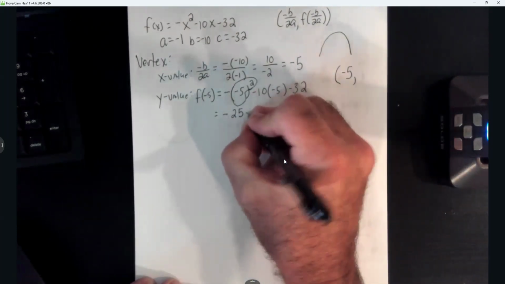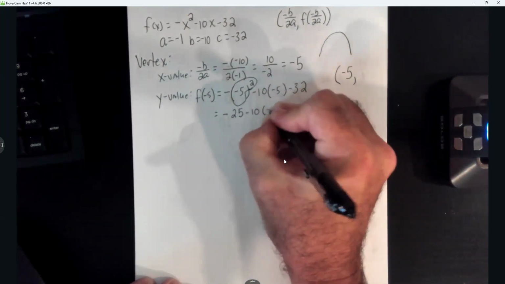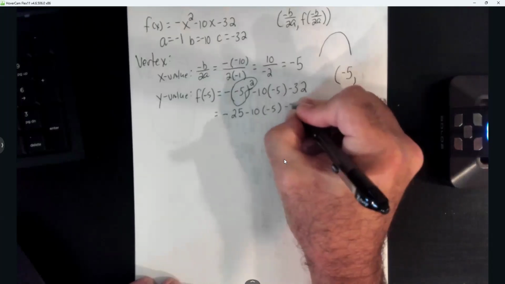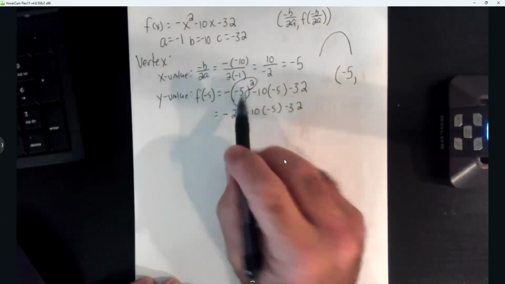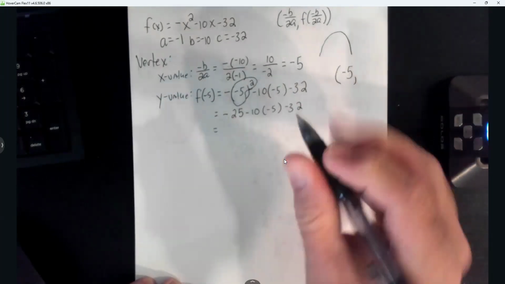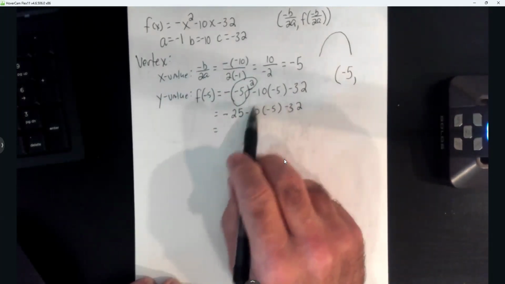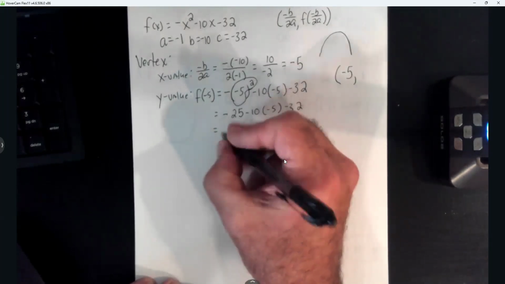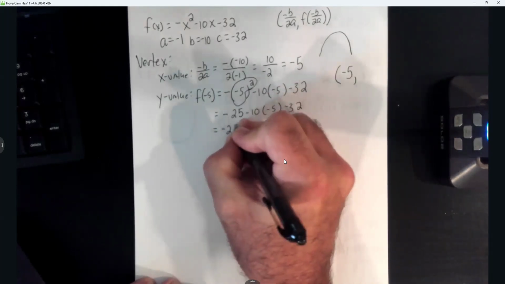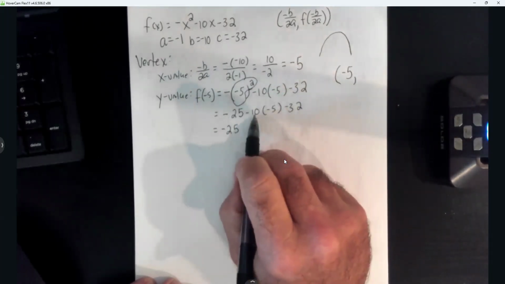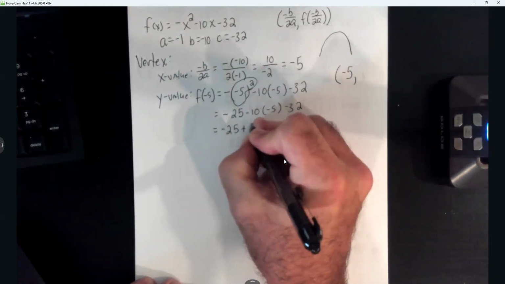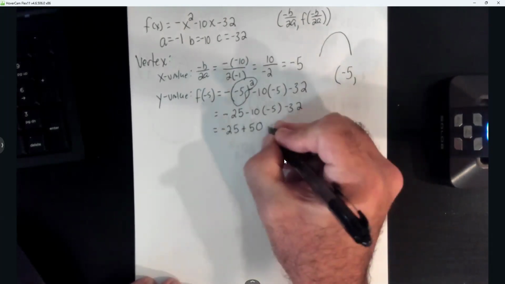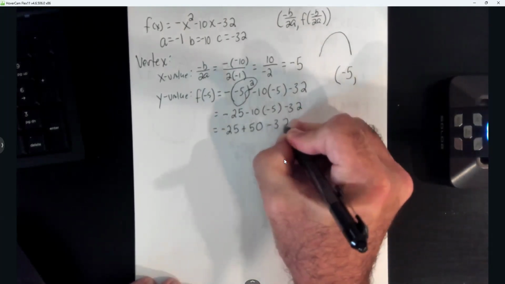All right, now I just want to bring everything else down for the moment. So the only thing I did on that step was that -5 squared. Now I'm going to do the multiplying, and there's the only place I'm multiplying. So bring down that -25. Minus 10 times a -5 would be plus 50, and then minus my 32.